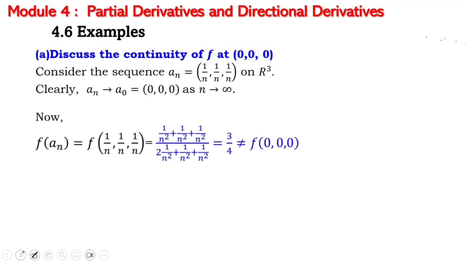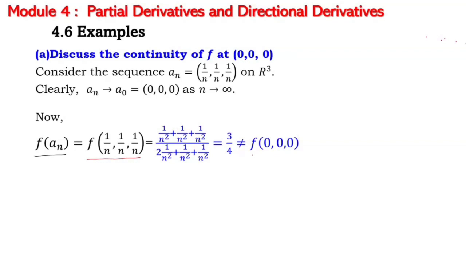So now we are checking where f(a_n) is going. Will f(a_n) go to f(a_0) or not? Here f(a_n) is equivalent to f(1/n, 1/n, 1/n). Now from the given function, we have this expression, and after simplifications, we get 3/4.